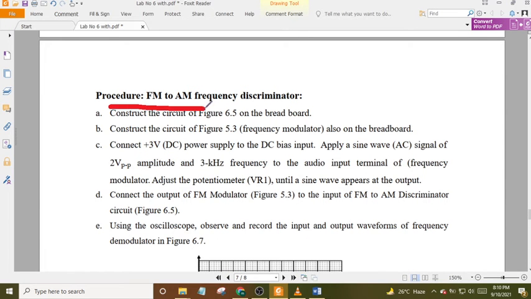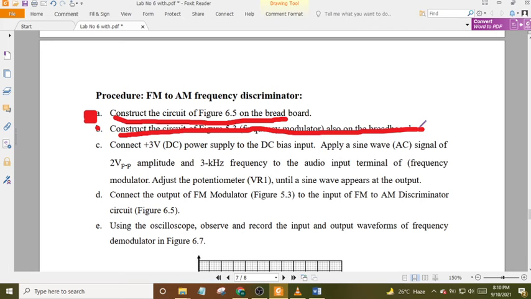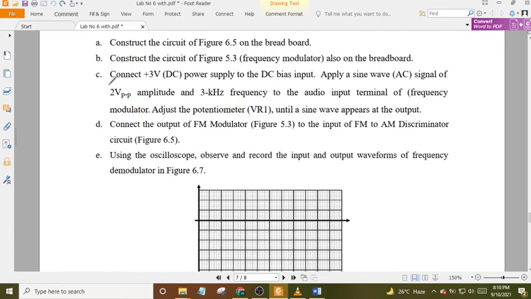Procedure, FM to AM frequency discriminator. A. Construct the circuit of figure 6.5 on the breadboard. B. Construct the circuit of figure 5.3, the frequency modulator, also on the breadboard. C. Connect a plus 3 V DC power supply to the DC bias input.